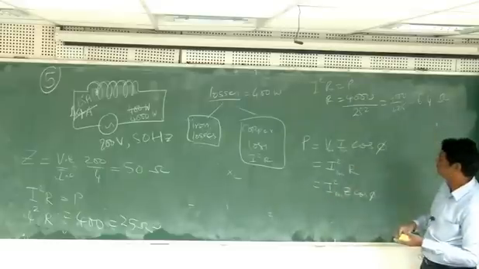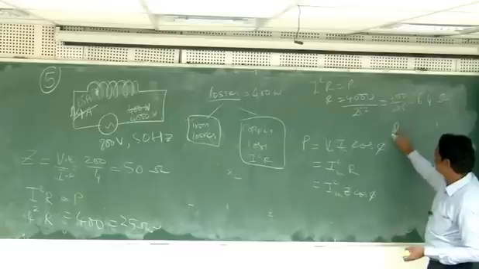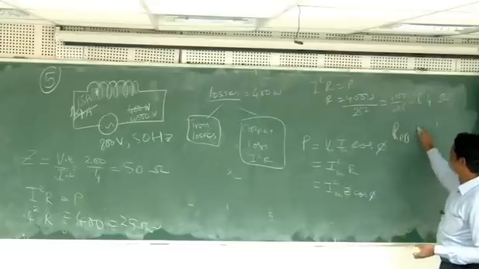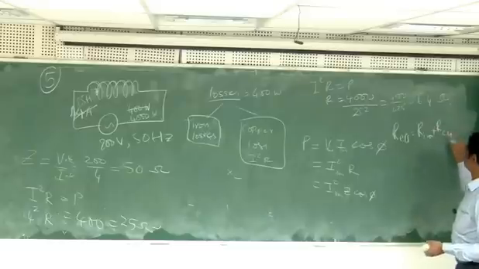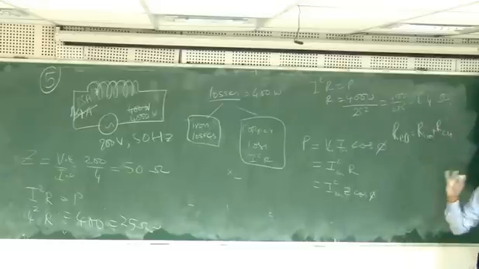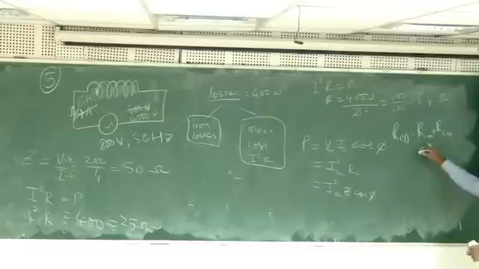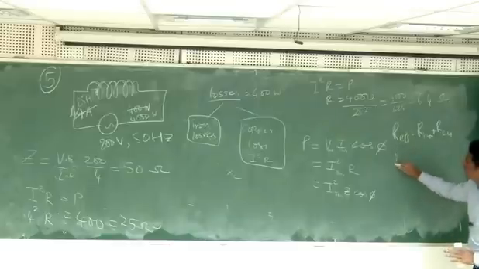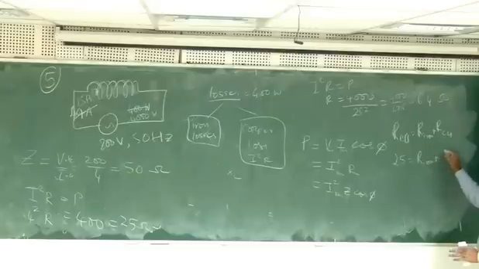So what is the difference? 25 minus 6.4. I'll say R effective equals R iron plus R copper. This R iron is not physically there, but mathematically I am introducing that resistance of the iron core. So 25 equals R iron plus 6.4.